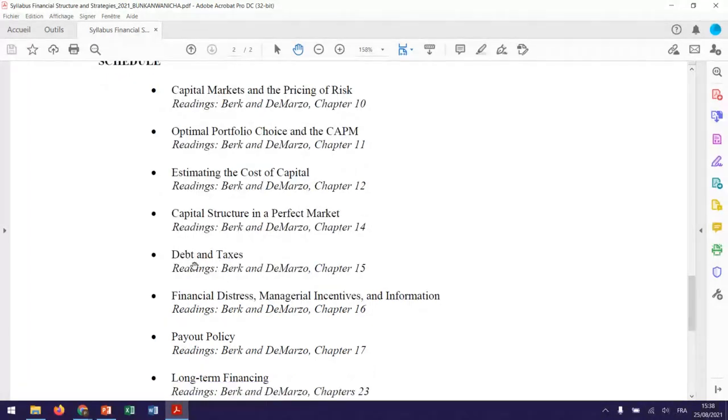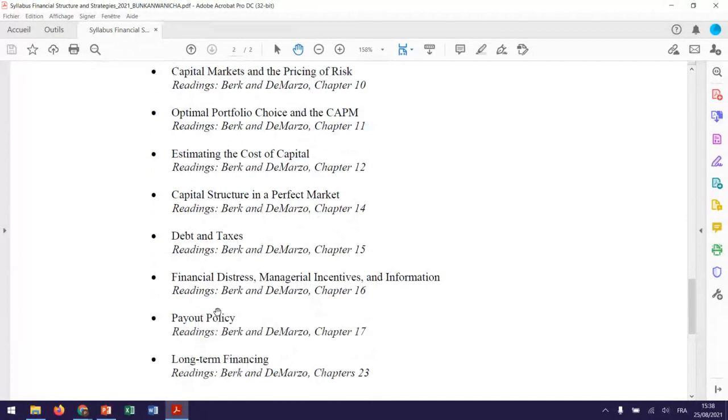And then we introduce market frictions like taxes, financial distress costs, and the way you trade off between interest tax shield and financial distress. We call these the trade-off theories, and agency costs that can be used as discipline on managers, and so on and so forth, which is chapter 16.